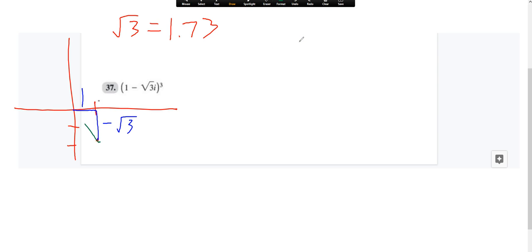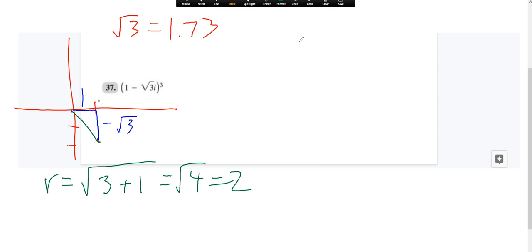We can find the radius, right? R equals the square root of 3 plus 1, which is the square root of 4, also known on the street as 2. Radical 3 squared is 3, right? And 1 squared is 1. So that's where we get 3 plus 1 is 4.